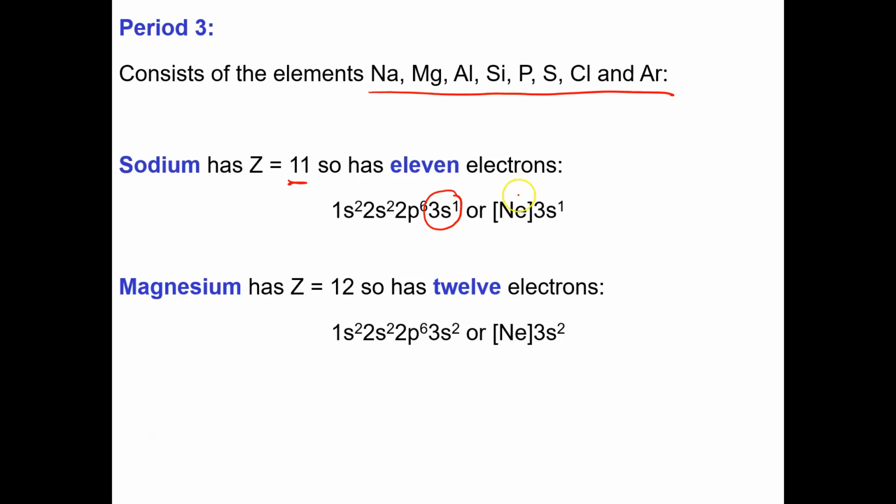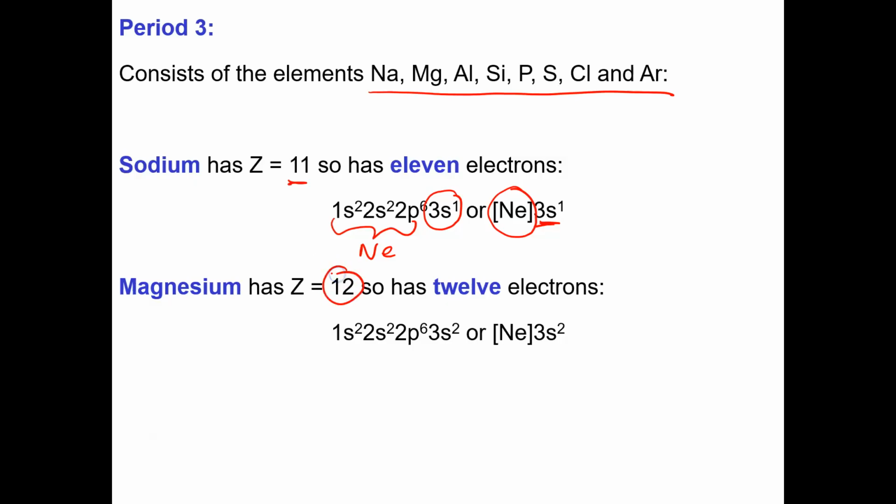Note when we abbreviate this, what we do is we write the symbol for the preceding noble gas in square brackets, followed by the number of outer electrons. So the preceding noble gas was neon, which has that electron configuration. So that takes into account the 10 core electrons.